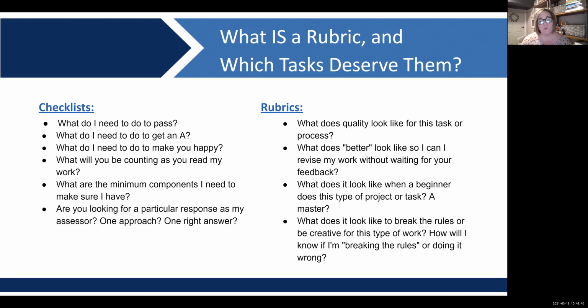A rubric defines what it looks like when a beginner does something and when a master does something. And a rubric defines all of the levels in between. It also defines what it might look like to break the rules or be creative for a certain kind of work. And it makes it very clear to the learner what it looks like to break the rules as compared to simply doing it wrong.